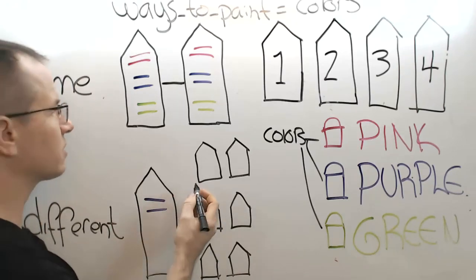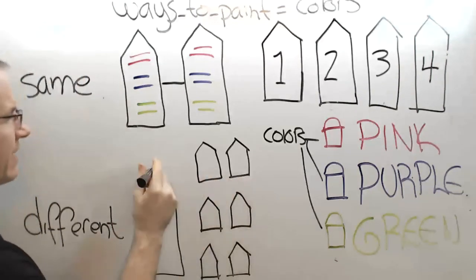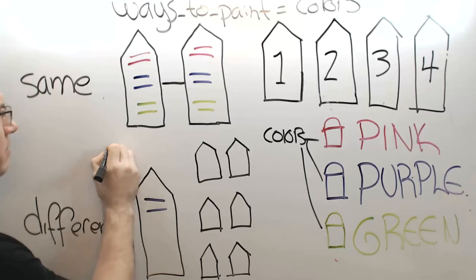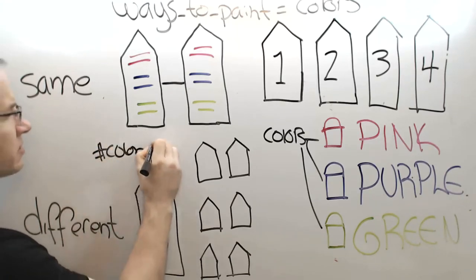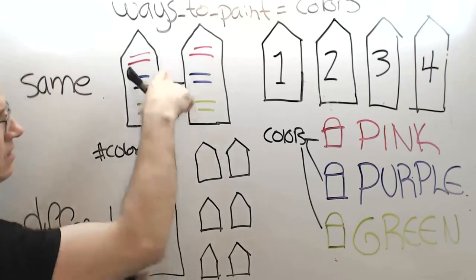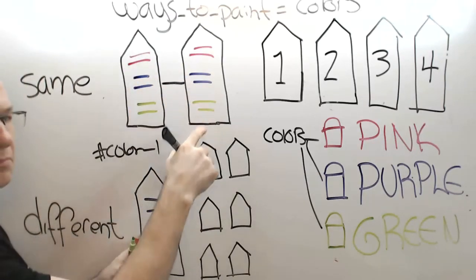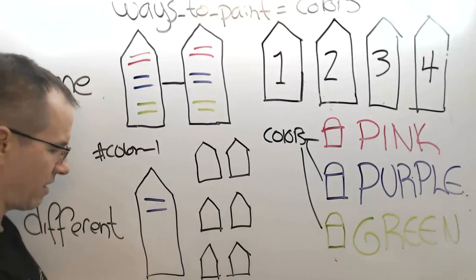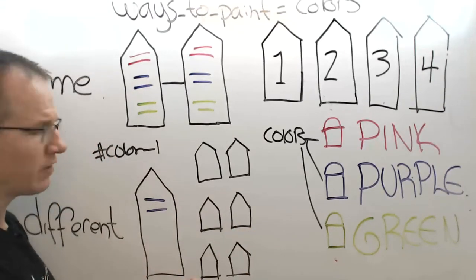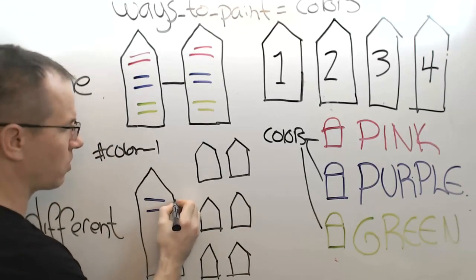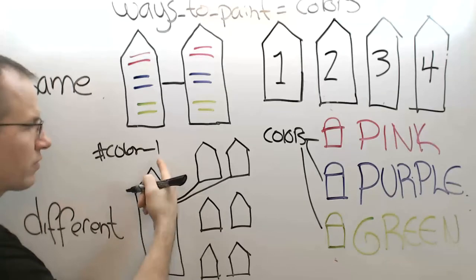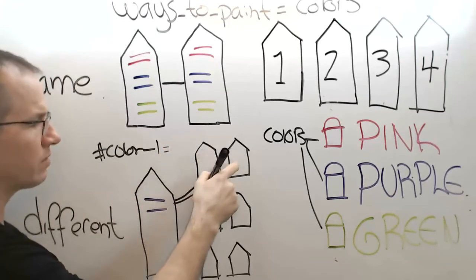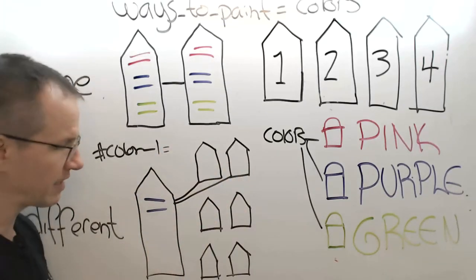In this equation, what I can paint that second picket would be the number of colors minus 1, because I've painted this one, and we've already accounted up here for purple and purple, so we have to subtract that out. So I have 2 different options. Purple can either go to this color picket or that, right? I started with 3 colors, so 3 minus 1 gives me 2, and these 2 pickets represent that.